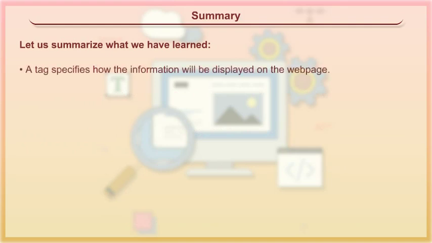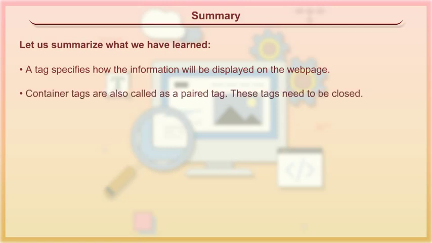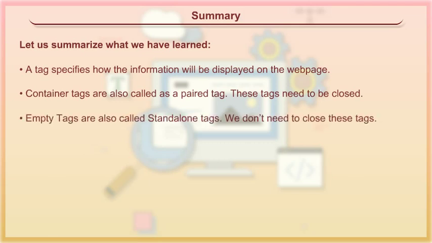A tag specifies how the information will be displayed on the web page. Container tags are also called paired tags. These tags need to be closed. Empty tags are also called standalone tags. We don't need to close these tags.